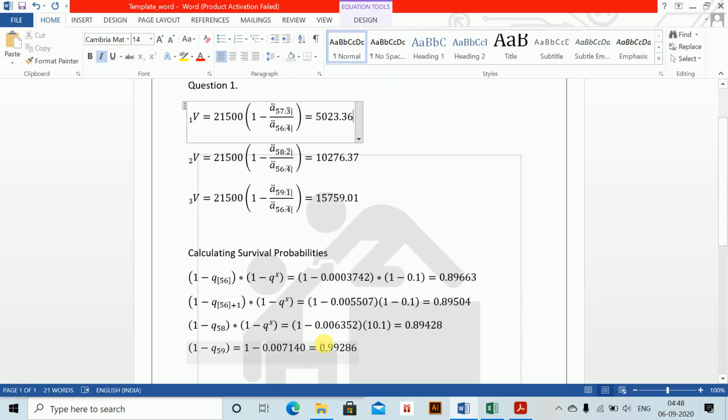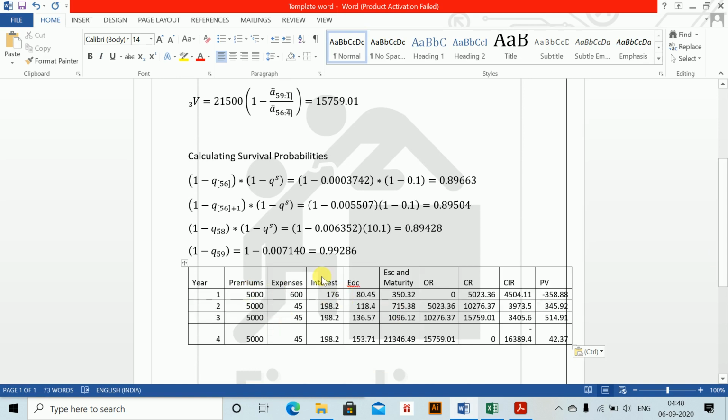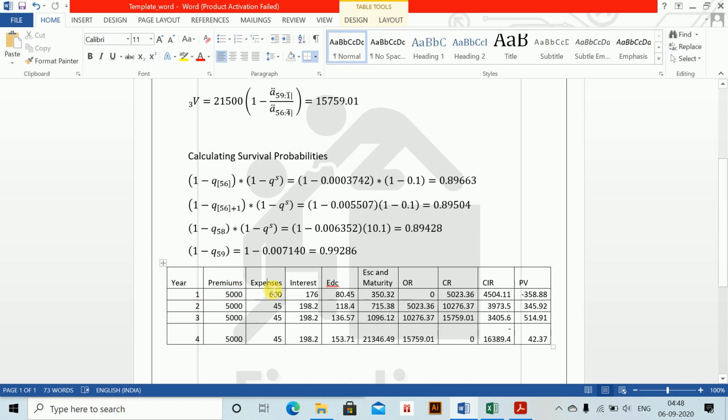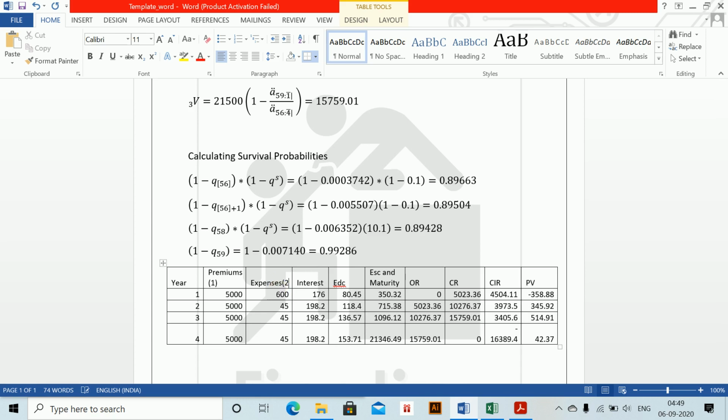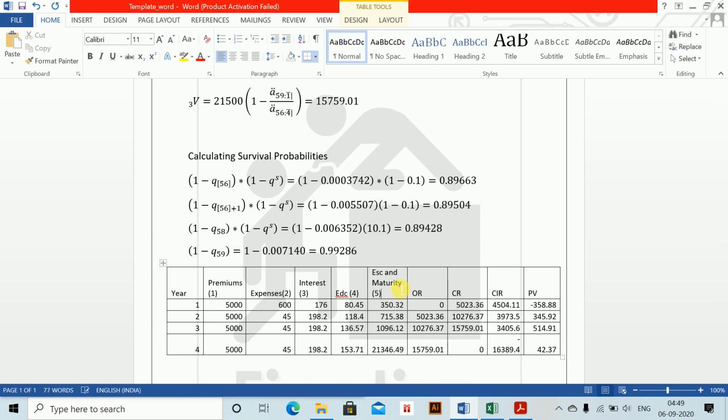Control C, come down. This is our table, profit vector. You can just shift it a bit here. So again we'll do this first. Premiums is 1, expenses is 2, interest 3, expected death cost 4, this is 5, 6, and finally 7.